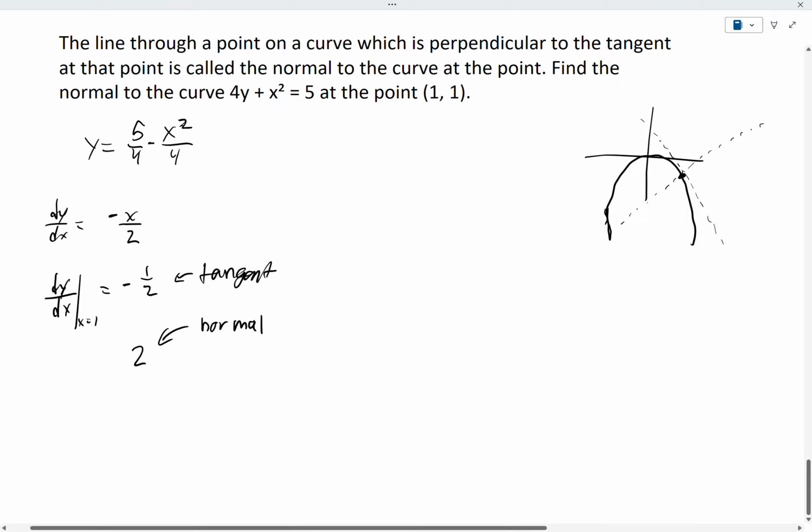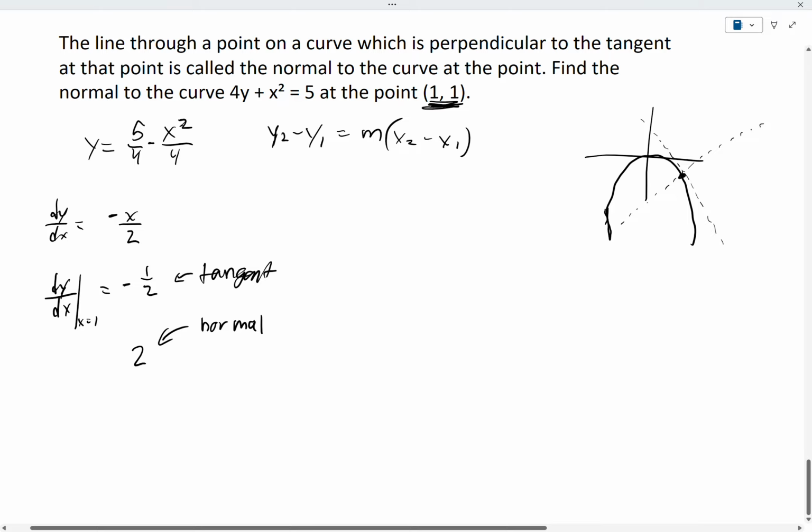So our normal is going to have a slope of 2. All right, what else do we know about this normal line? We know it goes through the point (1, 1). So I have a point and I have a slope. That means I can use point-slope form to easily figure out the equation of the line. Point-slope form says y2 - y1 = m(x2 - x1), where (x1, y1) is some point on the line, and (x2, y2) is some other point on the line.